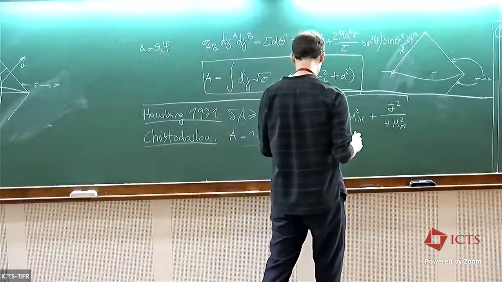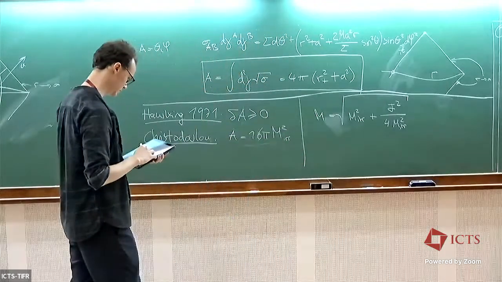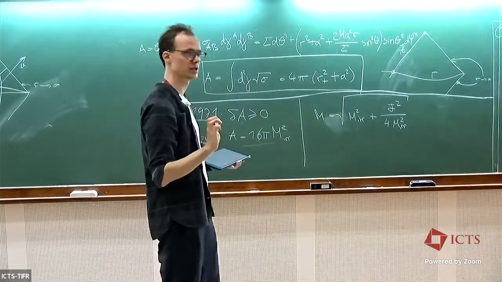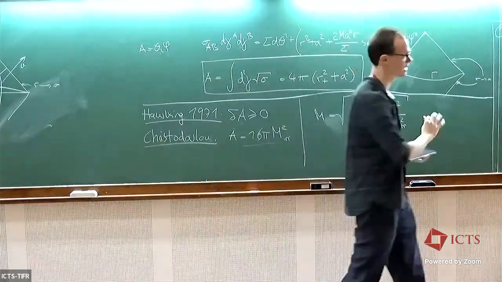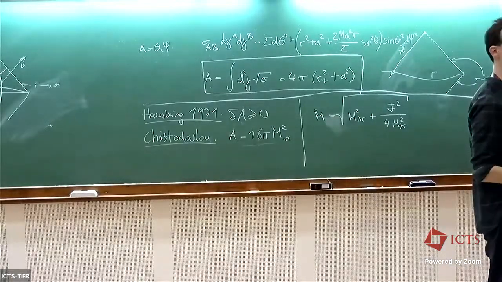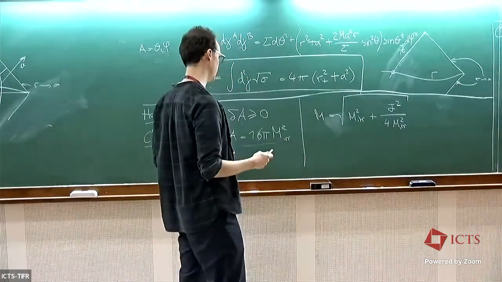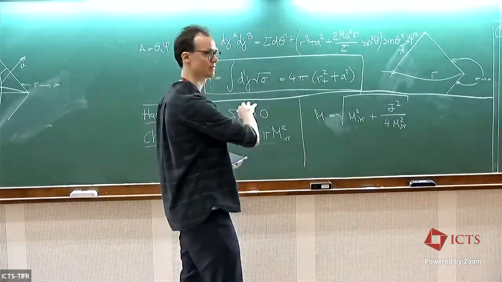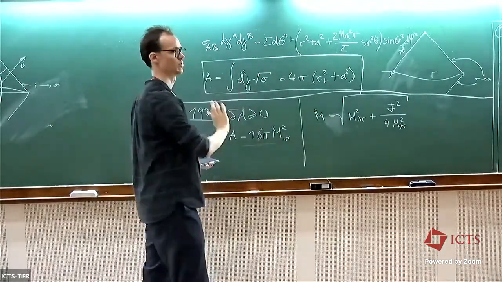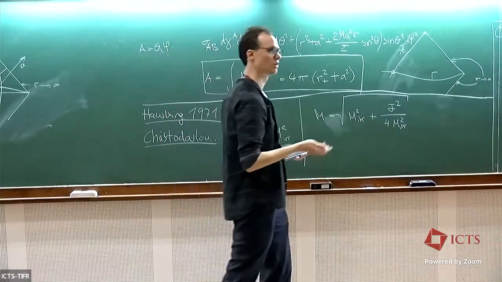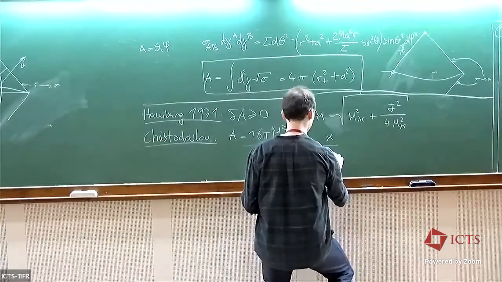And basically, this happens through the quote-unquote first law of thermodynamics, of black hole thermodynamics. I should stress that there's no thermodynamic process happening. It's just a classical calculation that happens to look like a thermodynamic relation. In fact, you are going to derive this basically based on what's written on the board, and I haven't written down any thermodynamics. But nonetheless, it's typically called the first law of black hole thermodynamics. Okay, so what is it?